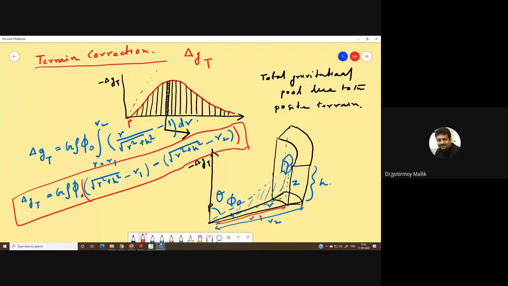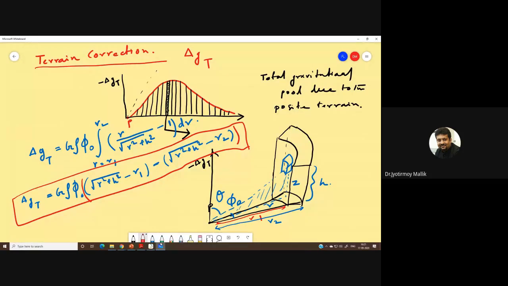Now, of course, you understand that this can be fairly time consuming if you want to do it by hand. Okay, so there are computer softwares available which actually process your satellite images.